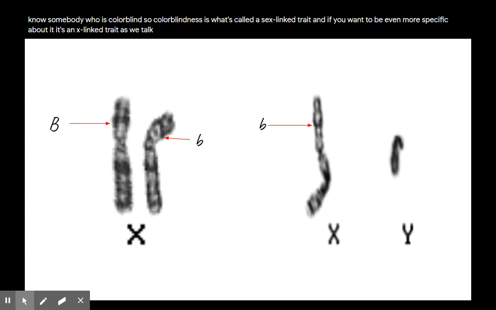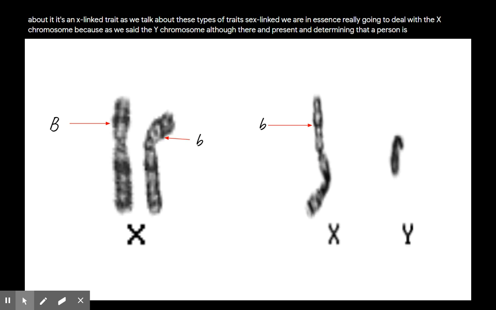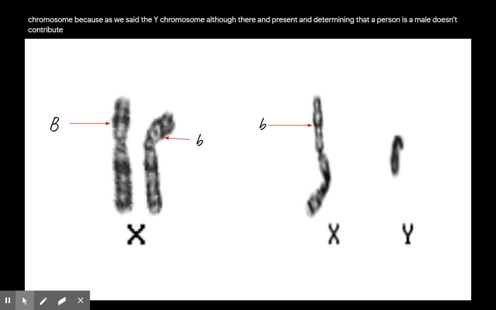As we talk about these types of traits, we are in essence really going to deal with the X chromosome because, as we said, the Y chromosome, although there and present and determining that a person is a male, doesn't contribute to a whole lot of different array of genes. And so we're going to deal specifically with the X. And our example on the X is one of colorblindness.